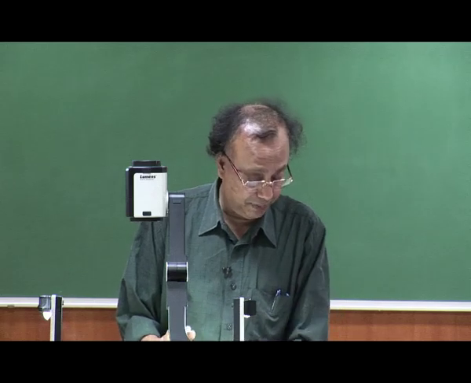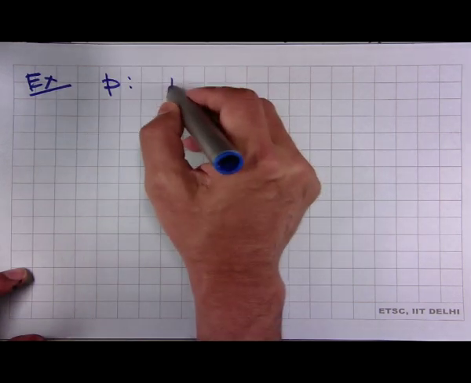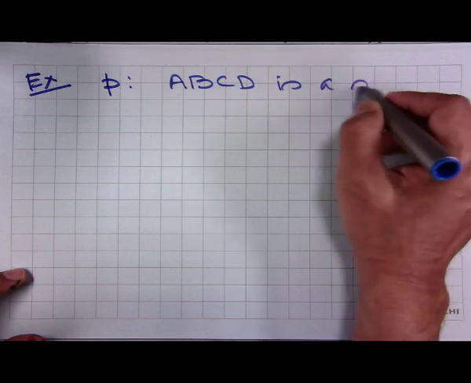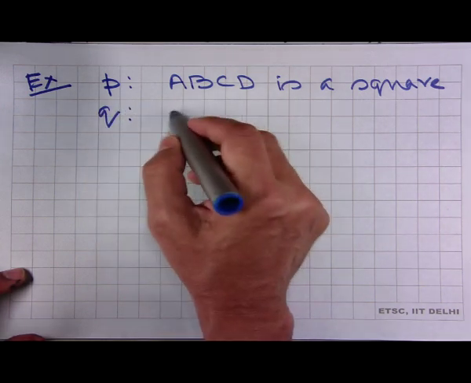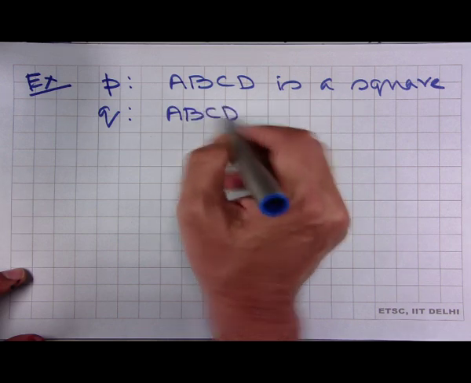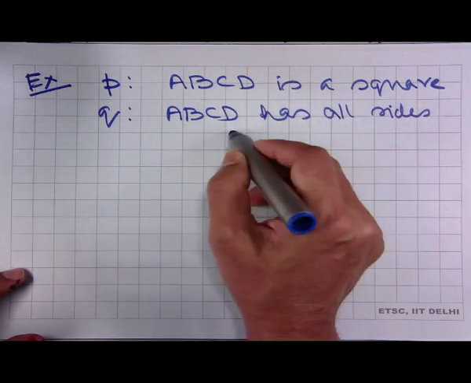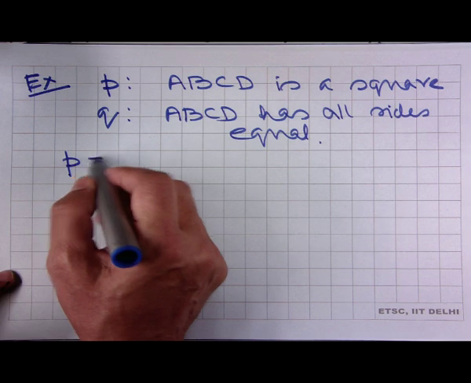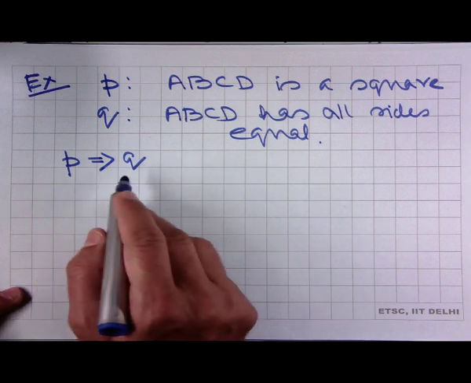Let me give you another example. Suppose P is the statement ABCD is a square, and Q is the statement ABCD has all sides equal. We know that P implies Q. What is going to be its converse?